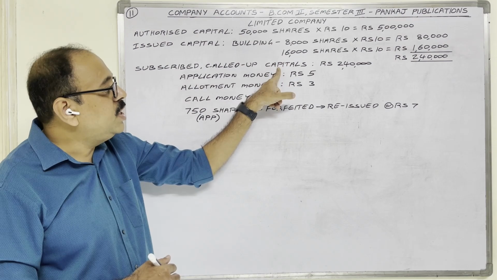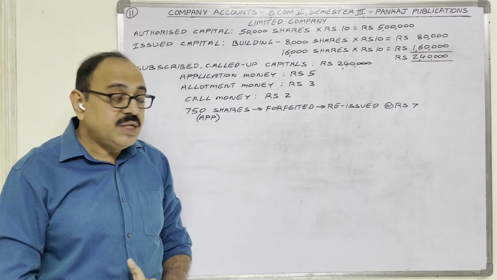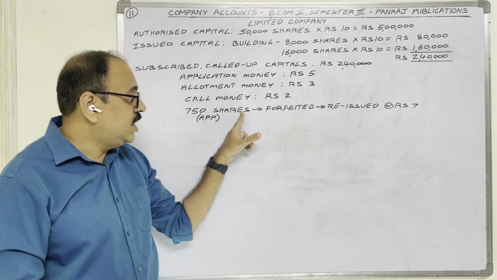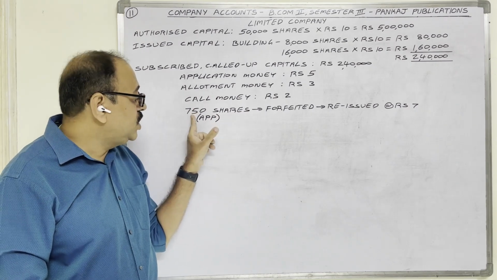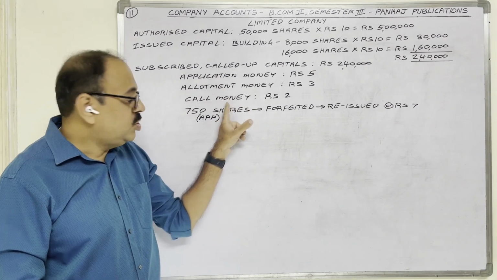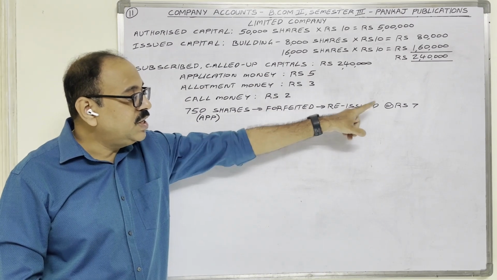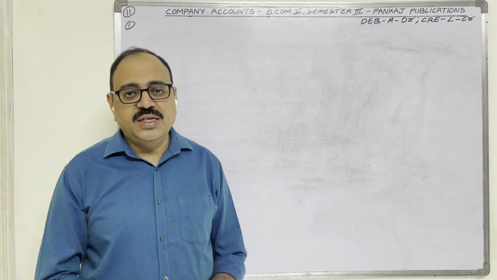Therefore, called up capital is also 16,000 into 10 rupees, 1,60,000, plus that 80,000, total 2,40,000. On 750 shares, the company received only application money. So these shareholders did not pay allotment money and call money, so their shares are forfeited and the company reissued these shares at the rate of 7 rupees each. This is the question. Let us see the journal entries first.